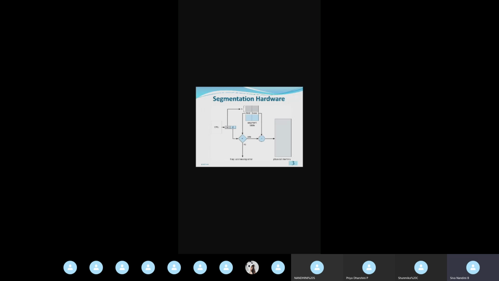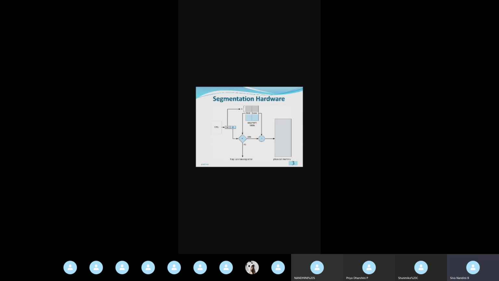For each and every segment, we'll be having a segment table. Okay, that segment table will be having, for this first segment, what is the base register content and what is the limit register content. So what do you mean by base register? Base register holds the starting address. In segmentation, base register holds the starting address of that particular segment. Limit register holds the length of that segment.